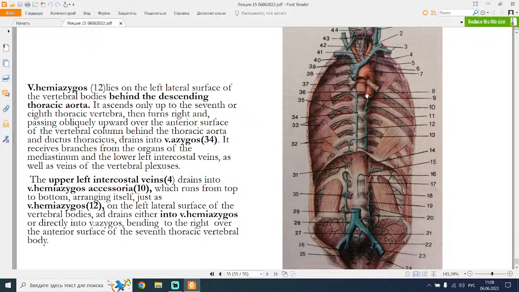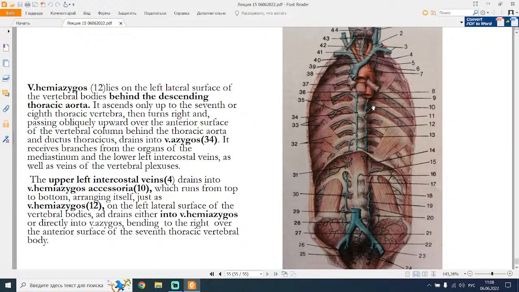The upper left intercostal veins drain into vena azygos accessoria, which runs from top to bottom, arranging itself just as vena hemiazygos.